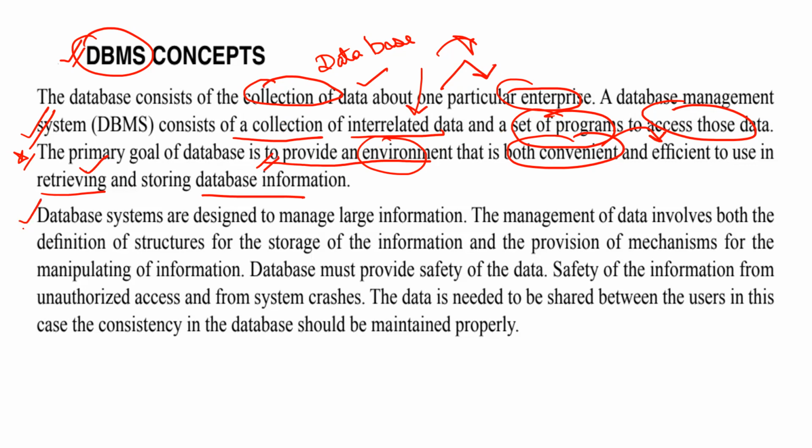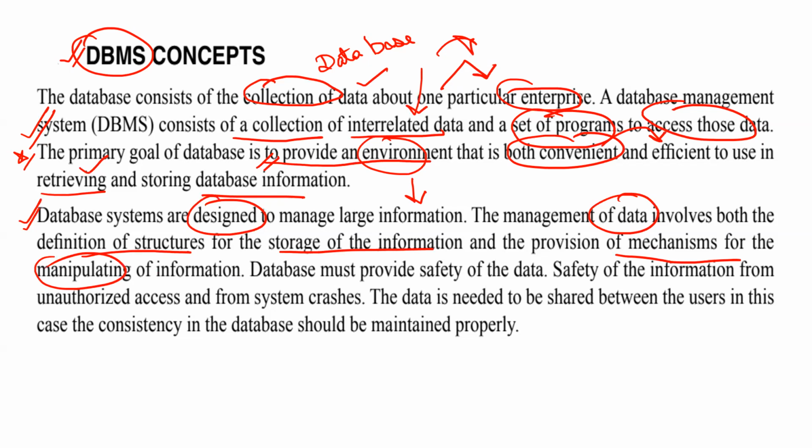For what are database systems basically designed? Database systems are designed to manage large information. The management of data involves both the definition of structures for the storage of the information and provision of mechanisms for manipulating it. Like if you want to update any information, that is also present there.